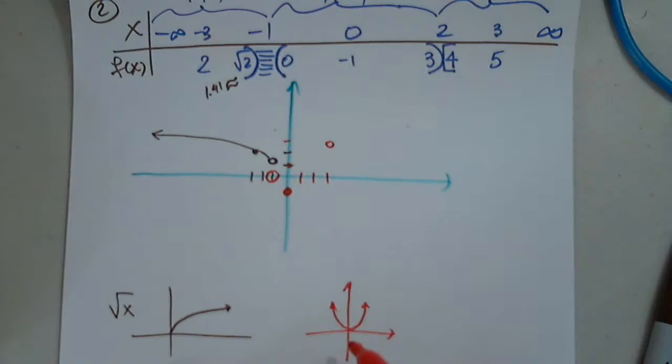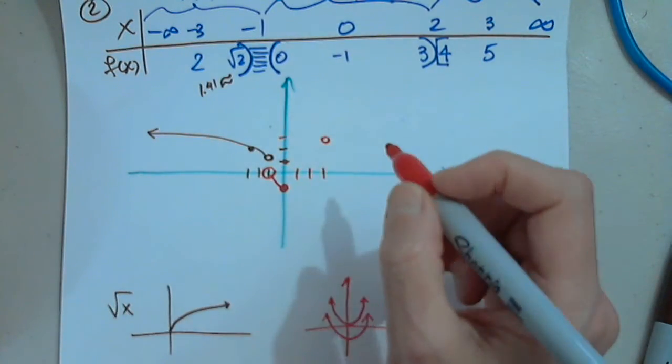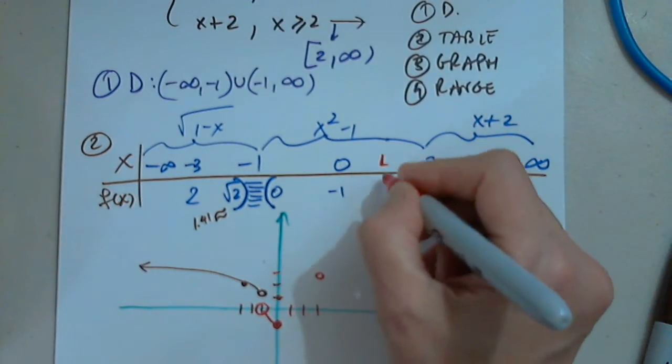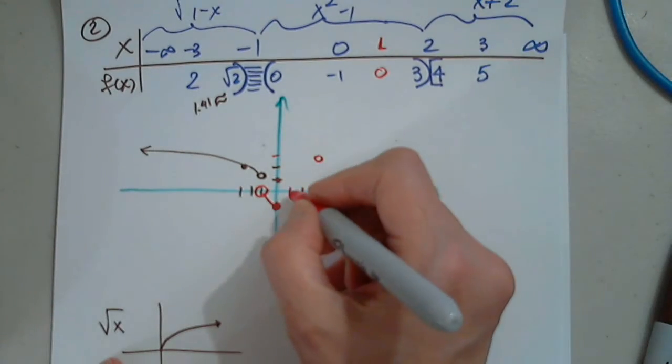But it's brought down 1, so it will look like this. But I can only graph what I'm allowed to. This is what I'm allowed to. And I should have put also 0 here, and that's important. So right here.